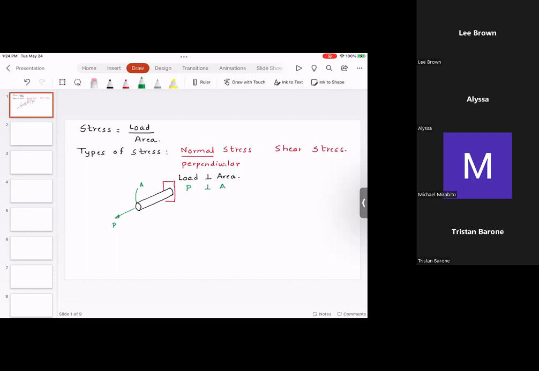So for an example here, clearly the load is going to stretch. So that means this is tensile.